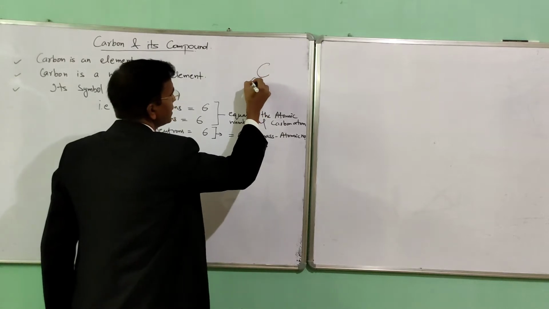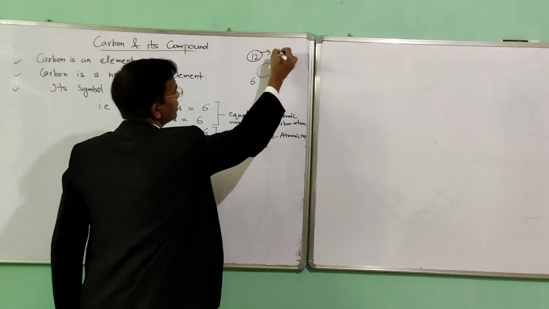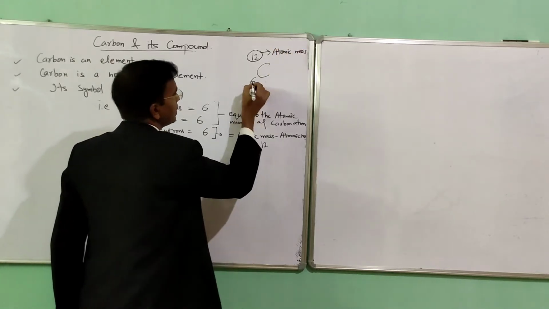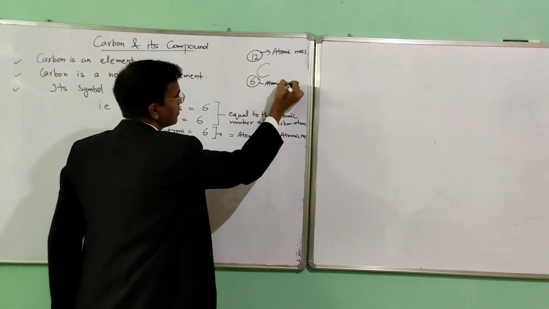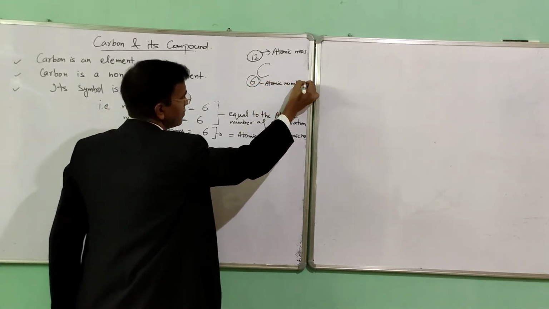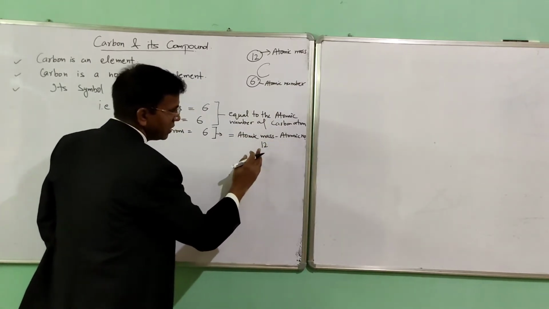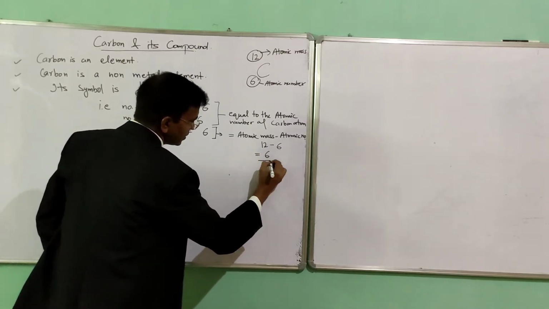If we write it like this, here it is the atomic mass and here it is the atomic number. So atomic mass minus atomic number is 12 minus 6, which is equal to 6.